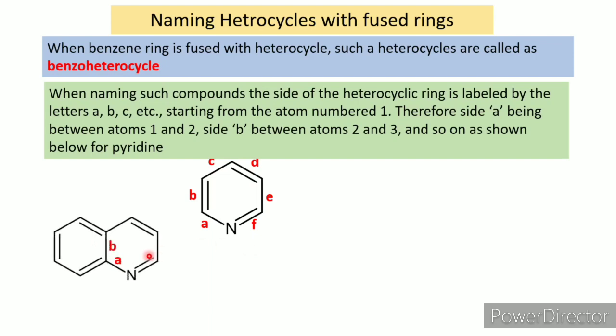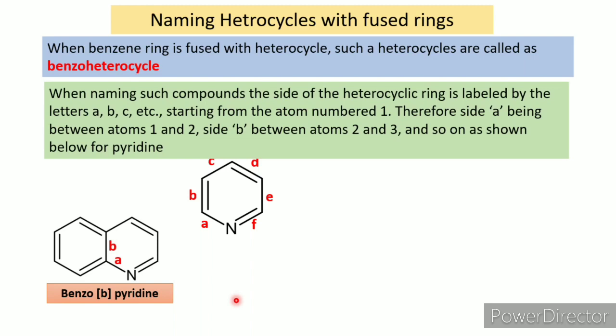In quinoline, we check from which side benzene is fused. Again I have shown the labeling, A and B. As you can see, benzene is fused from side B. So we name this compound as benzo-b-pyridine, where b shows from which side benzene is fused.